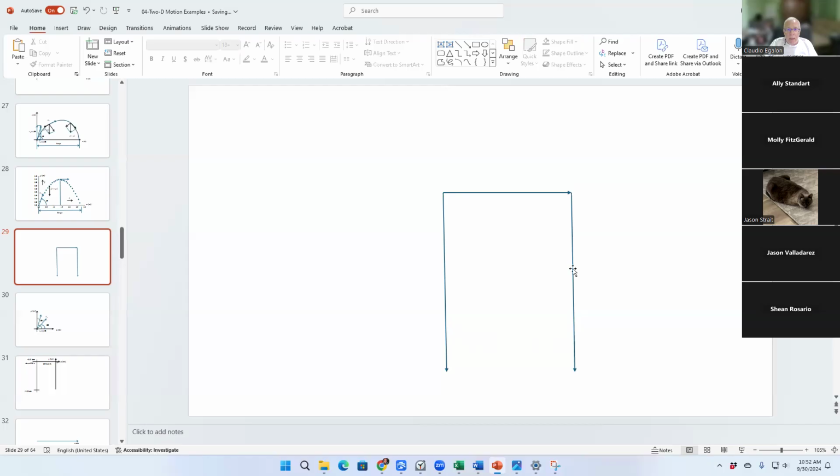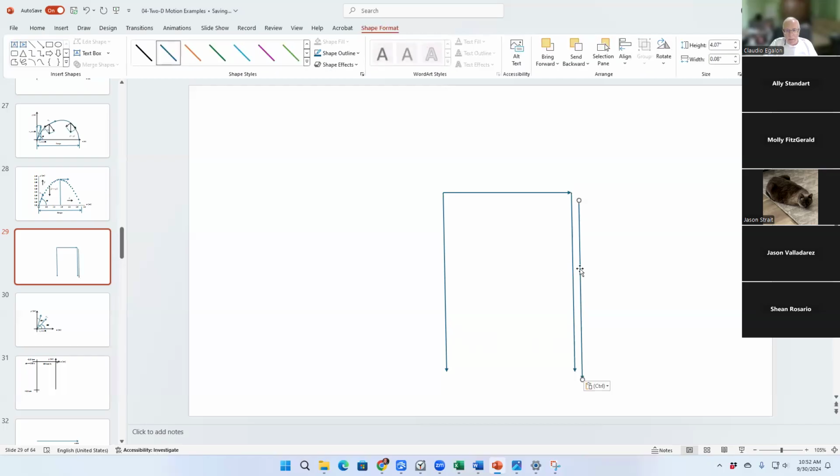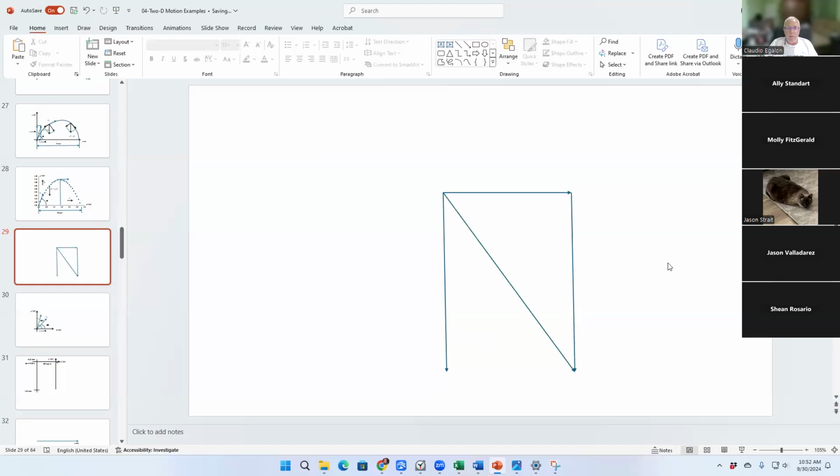So you want to find out this angle here. Tangent of this angle is this 145 divided by 115.